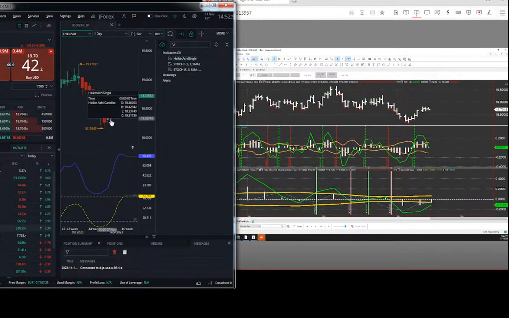You can see it's trying to pop up, and it's starting to stall. The fast stochastic is at 80.4, and the slow is at 82.7. So it's dropped underneath the slow, and we're seeing that weakness with that little red dot and so forth. This may change colors within the next couple of hours.